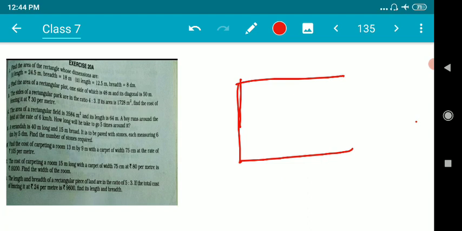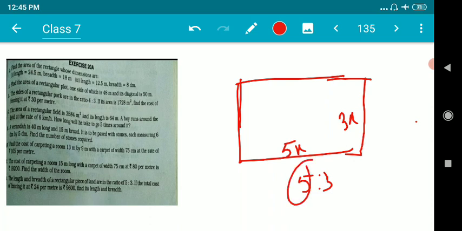The ratio is 5:3, so length is 5x and breadth is 3x. Right now, fencing costs rupees 24 per meter.